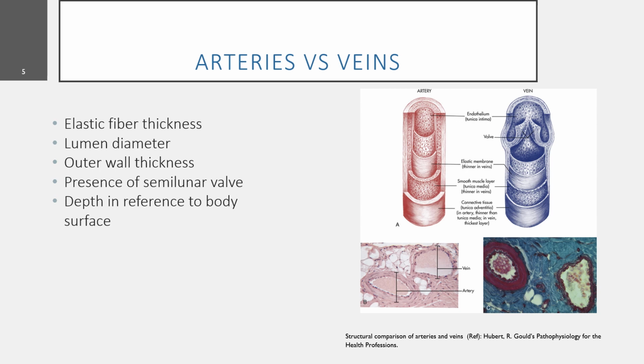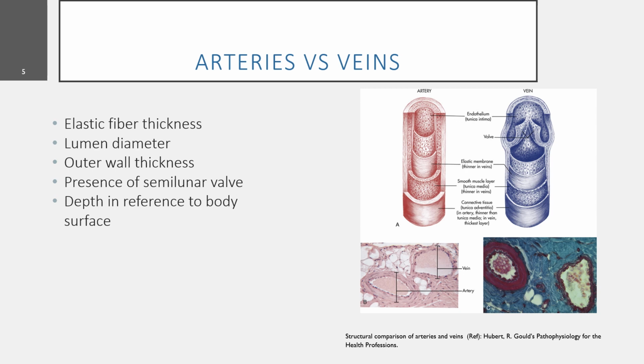We have muscular arteries, which are also known as distributing arteries. They carry blood to specific organs and areas of the body. They're smaller in diameter than elastic arteries, but have a thicker muscular layer in their walls. Regulation of blood flow to specific tissues is achieved through constriction or dilation of the smooth muscle layer in their walls.